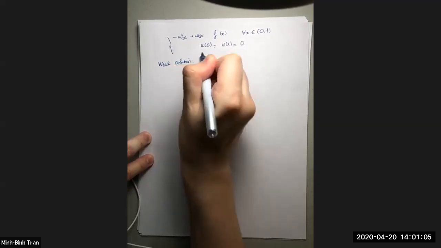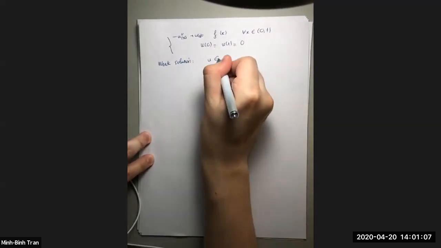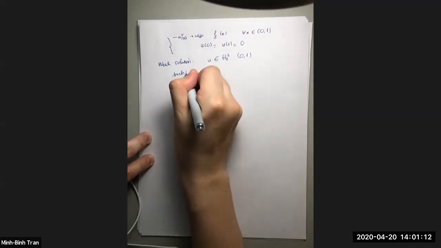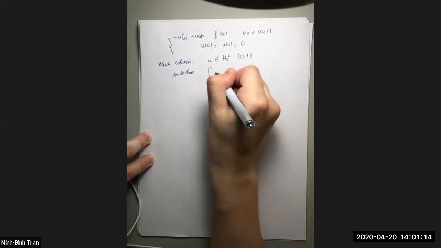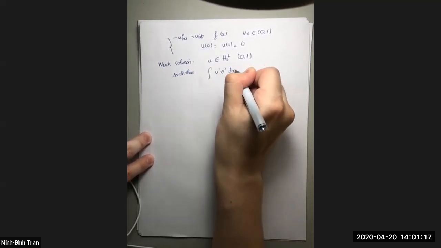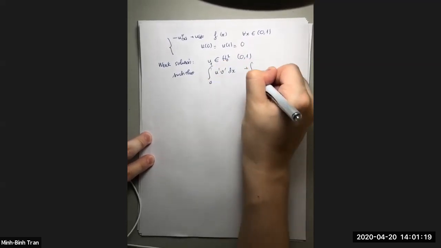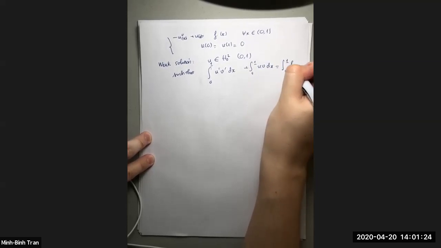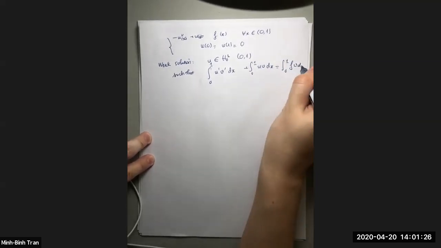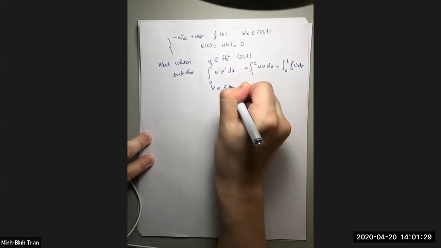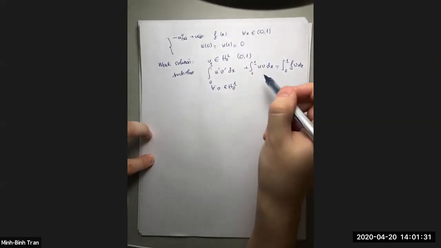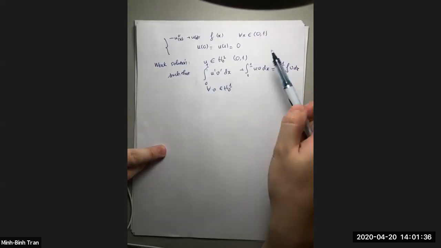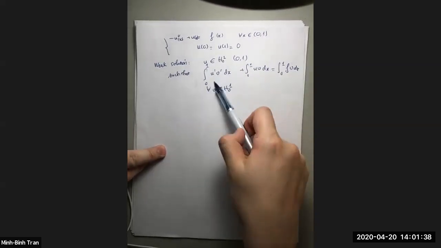So you want to find a weak solution in H_0^1(0,1) such that the integral from 0 to 1 of u'v' dx plus the integral of uv dx is equal to the integral of fv dx for all v in H_0^1, right? So we have to find a solution in the sense that it satisfies this identity for all v in H_0^1.